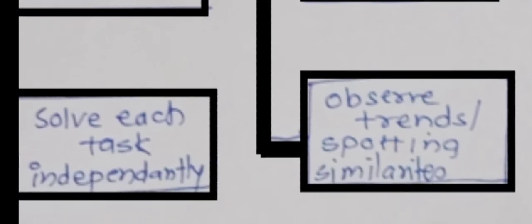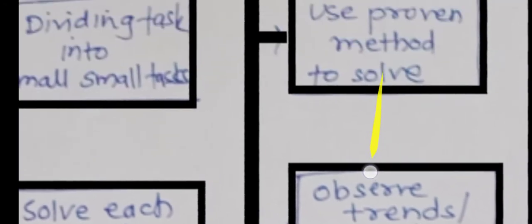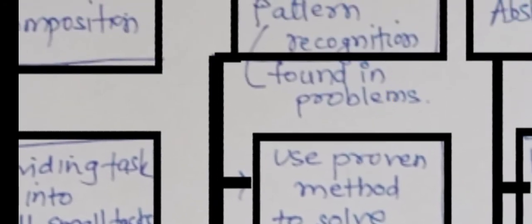So pattern recognition is nothing but observing the trends and spotting the similarities between our problem and a past problem, and using the past proven methods by the experts to solve our problem. One question is always there: where are the patterns found? The patterns are found in problems itself.